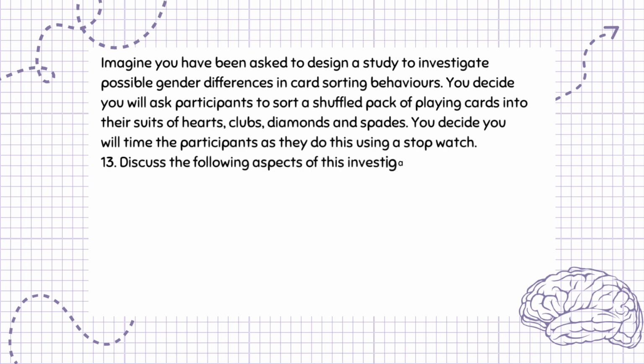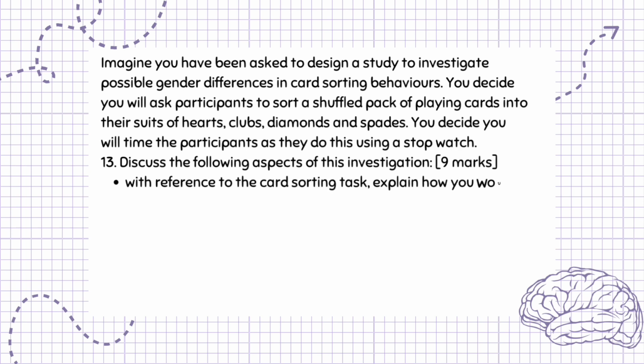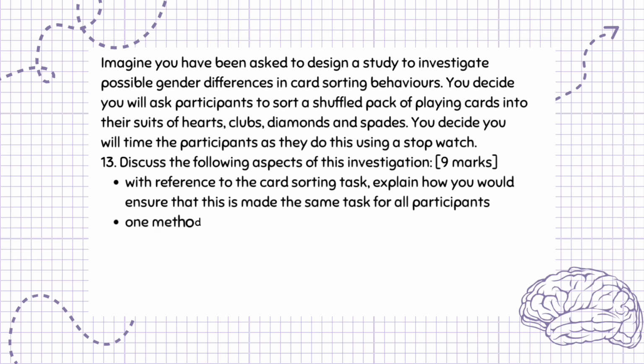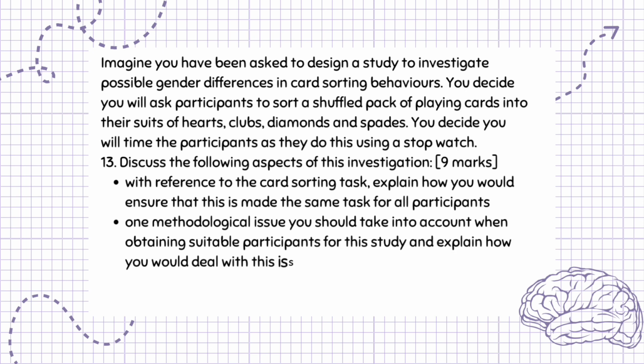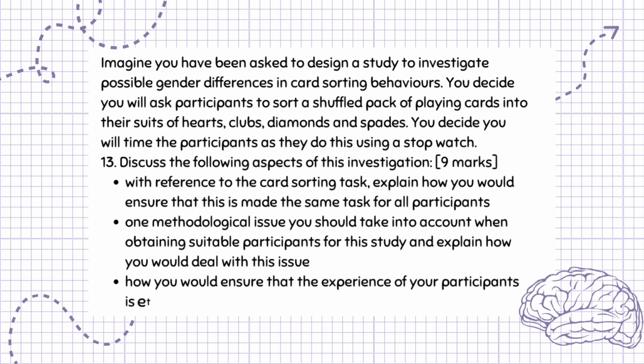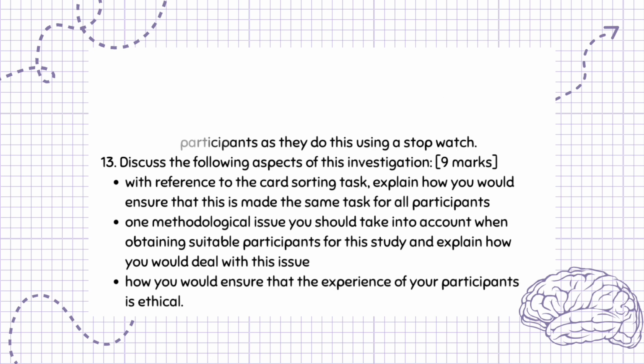Discuss the following aspects of this investigation. 9 marks. With reference to the card sorting task, explain how you would ensure that this is made the same task for all participants. One methodological issue you should take into account when obtaining suitable participants for this study, and explain how you would deal with this issue. How you would ensure that the experience of your participants is ethical.